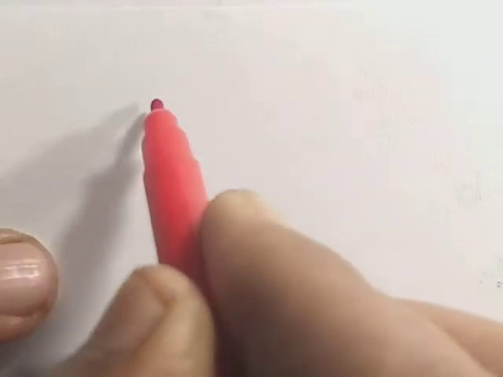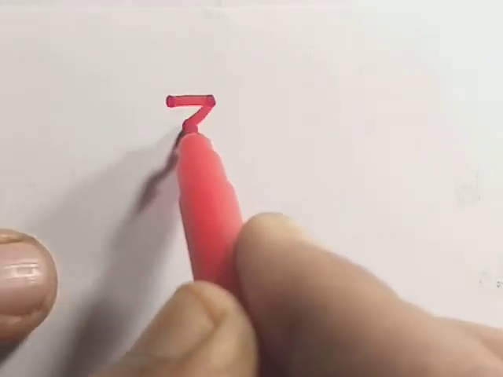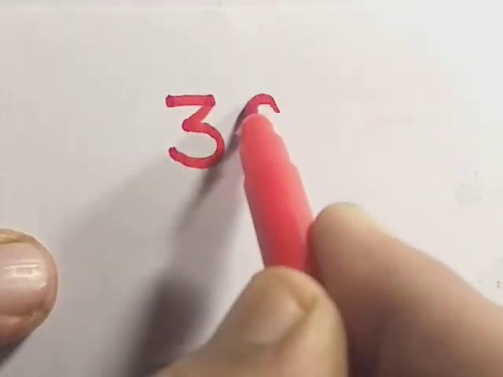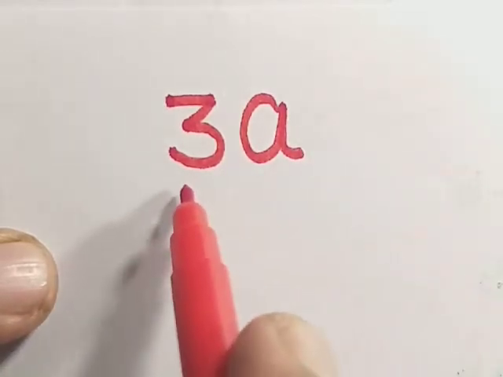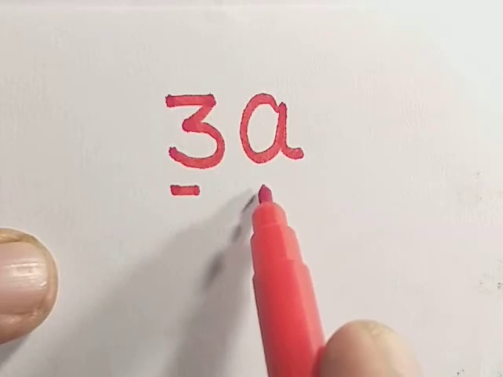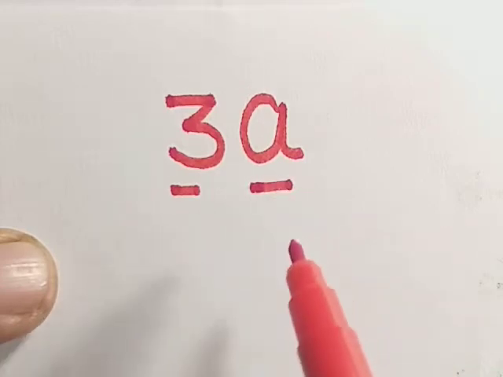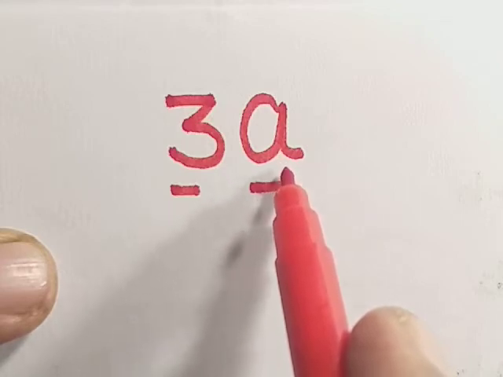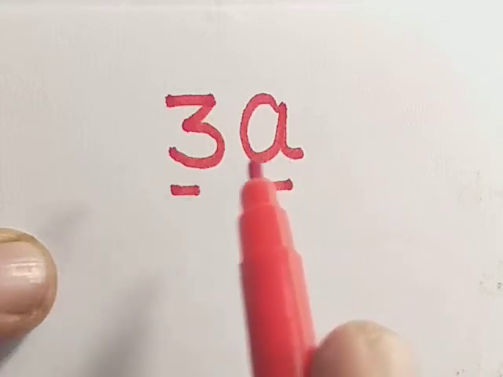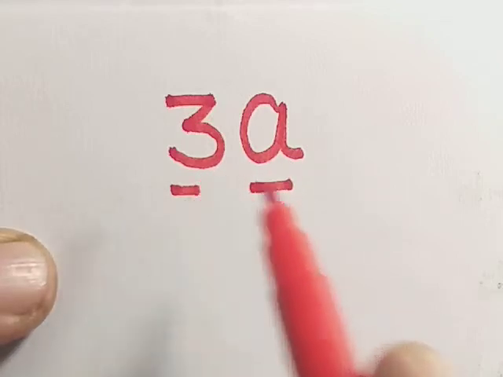In this example, suppose I write 3a. When I write 3a, 3 is numerical coefficient of a and a is variable and a's coefficient is 3.